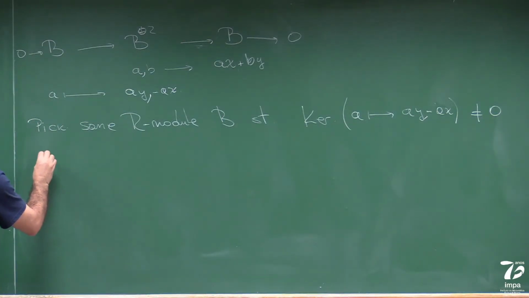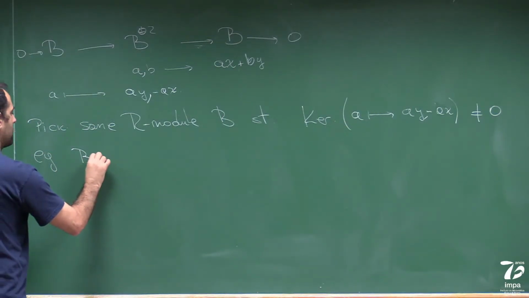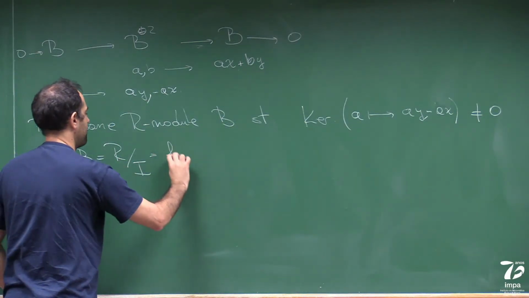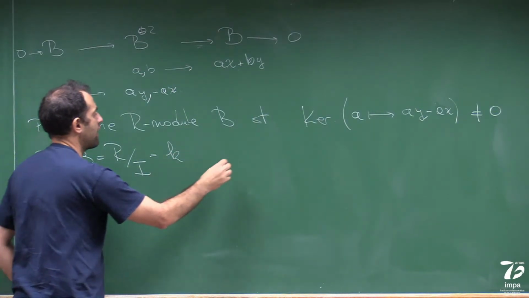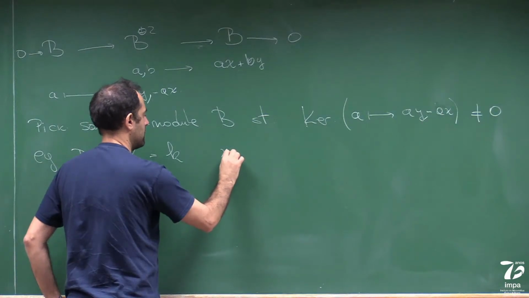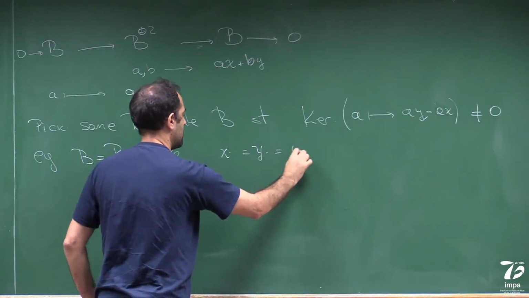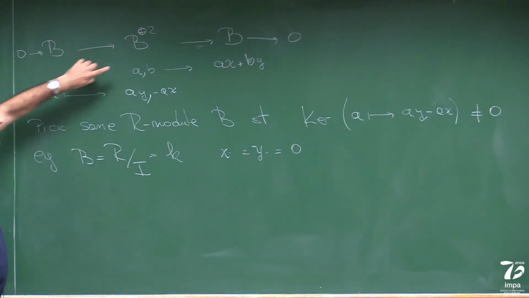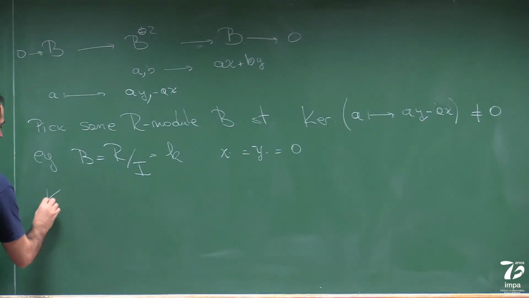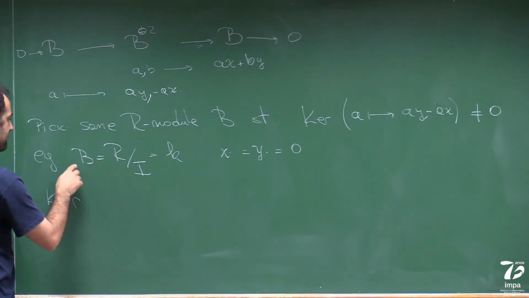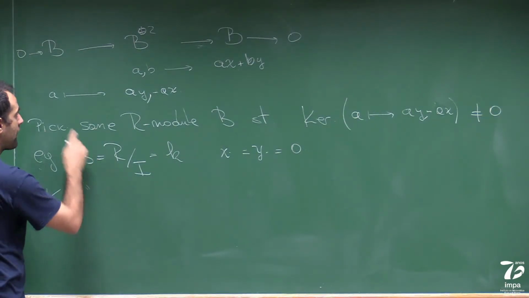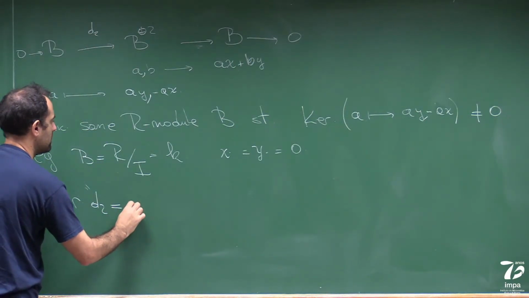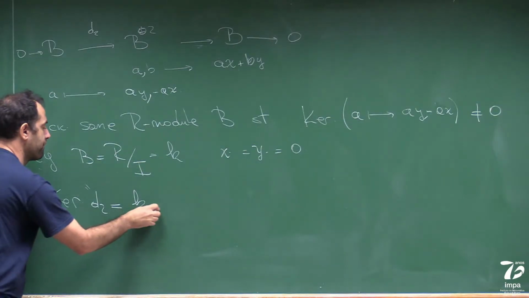So for example, we could take R over I itself. So this guy is non-trivial, is K, and as a module over R, multiplication by X and multiplication by Y are 0. With this choice, the kernel of this map is the whole of B. In this particular case, the kernel of that map, let me call this D2, is equal to K, which is non-zero.